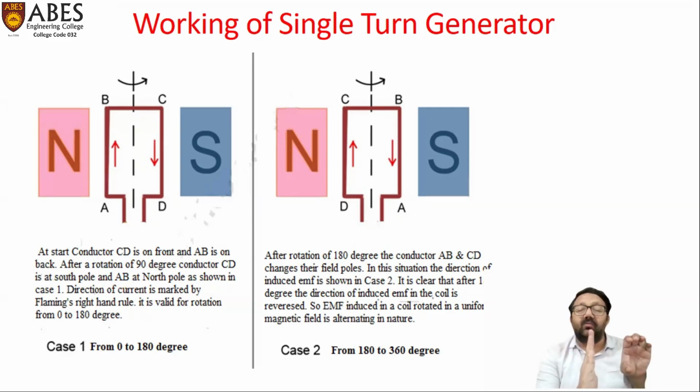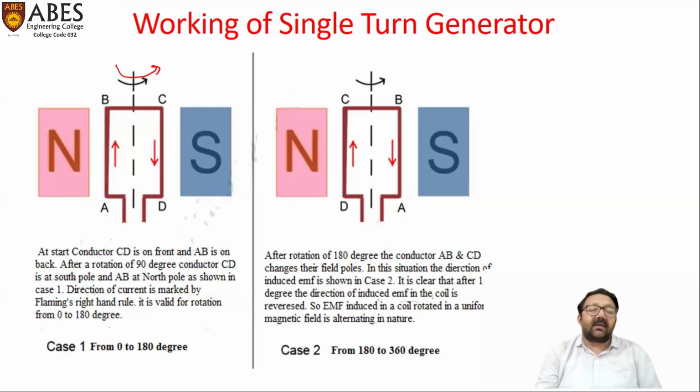Here you can assume that on one side is the North Pole and on the other side is the South Pole. As we start rotation, due to the direction of rotation already marked here, the front face CD is rotated and is now in the influence of the South Pole.